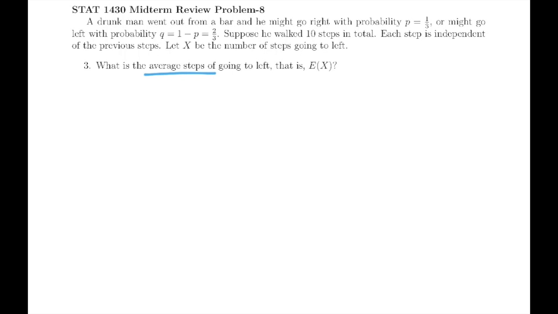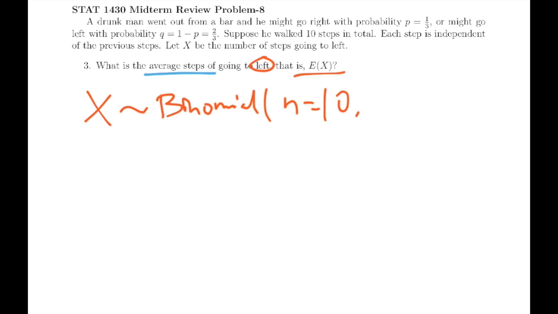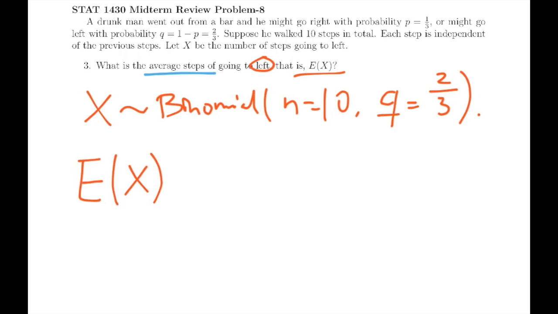And for the last problem, we want to find the variance of X. Here again, X has a binomial distribution with n equal to 10, that is the total number of observations, and the probability of success, that is q, equal to 2 over 3. Remember the formula for the variance of the binomial distribution is given by n times the probability of success, that is q in this setting, times 1 minus q, that is 1 minus the probability of success.